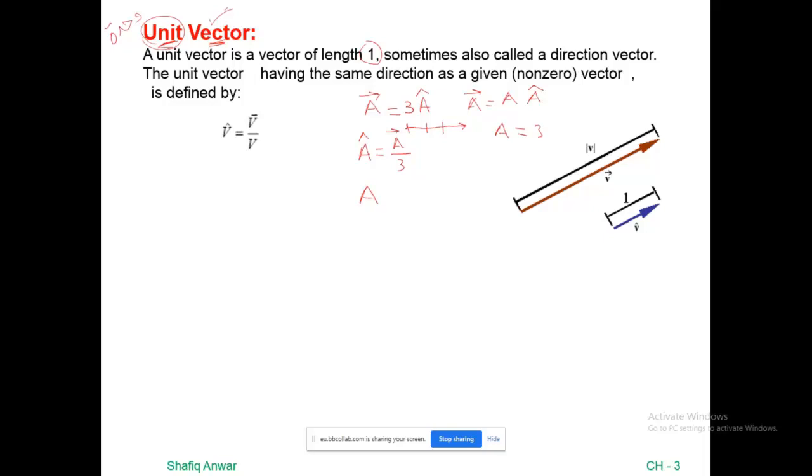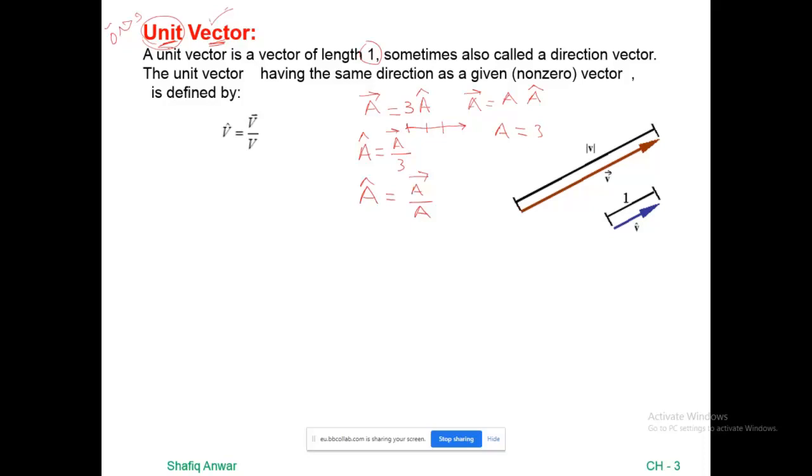So A unit vector or A cap is equal to A complete vector over A. You see the difference? This is complete vector A with magnitude and direction. This is the unit vector. It has the direction but magnitude is 1. So this is the magnitude of vector A.